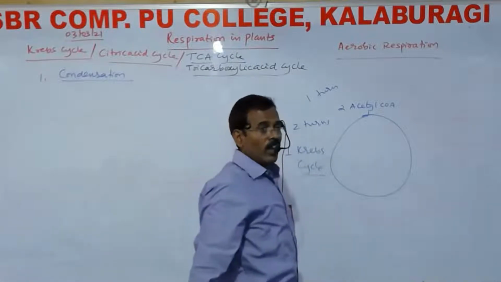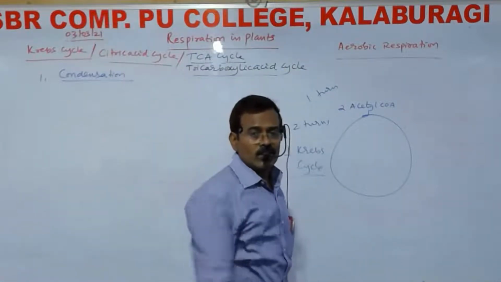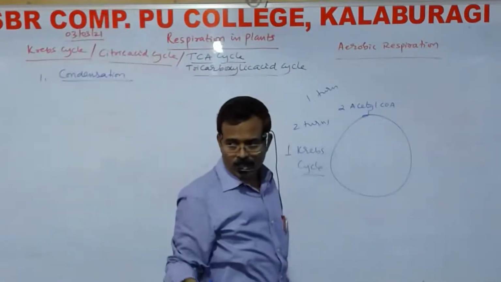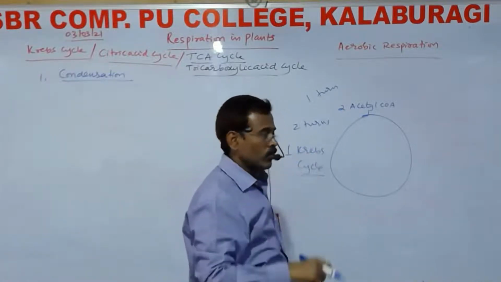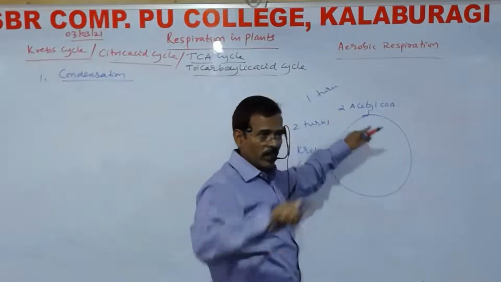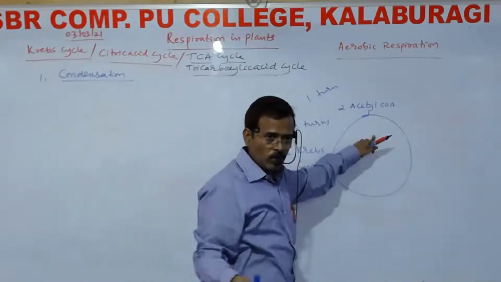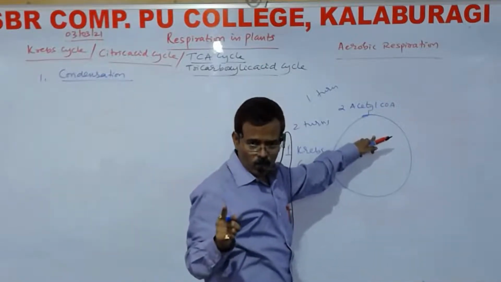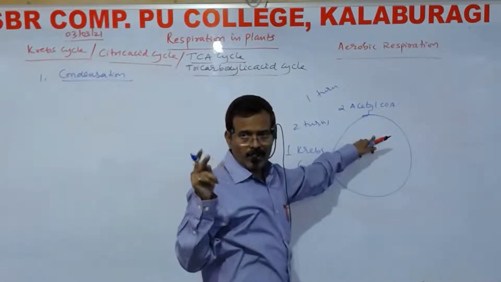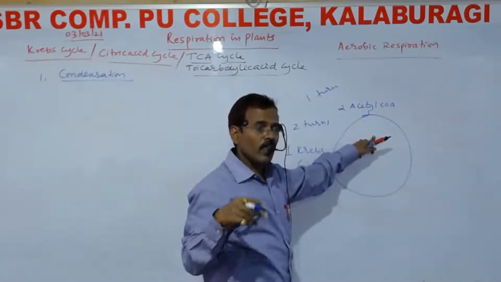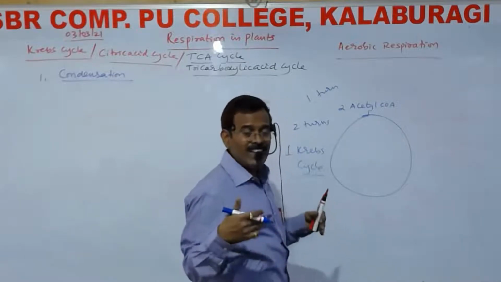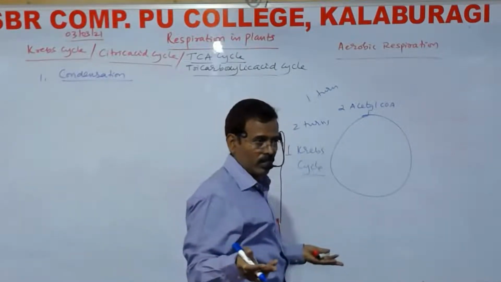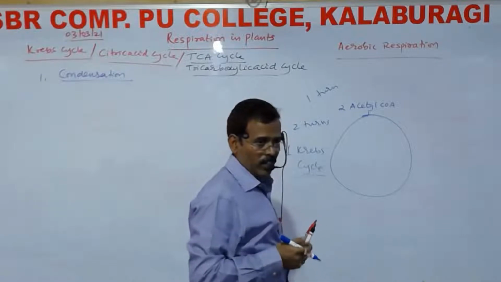There should be 6 turns to complete a Krebs cycle for the formation of one glucose molecule. There are two molecules of acyl coenzyme in one turn. In one revolution of one turn, one acyl coenzyme is used. So there should be completion of two turns. Then this Krebs cycle will be completed.